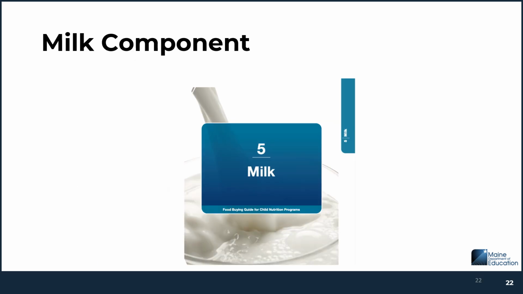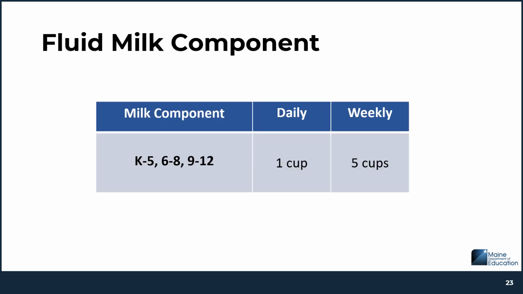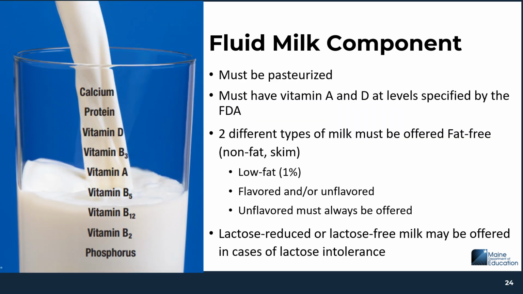The final meal component we're going to discuss is fluid milk. 1 cup of fluid cow's milk must be offered every day for all grade groups. The milk offered must be pasteurized and have vitamin A and D at the levels specified by the FDA.